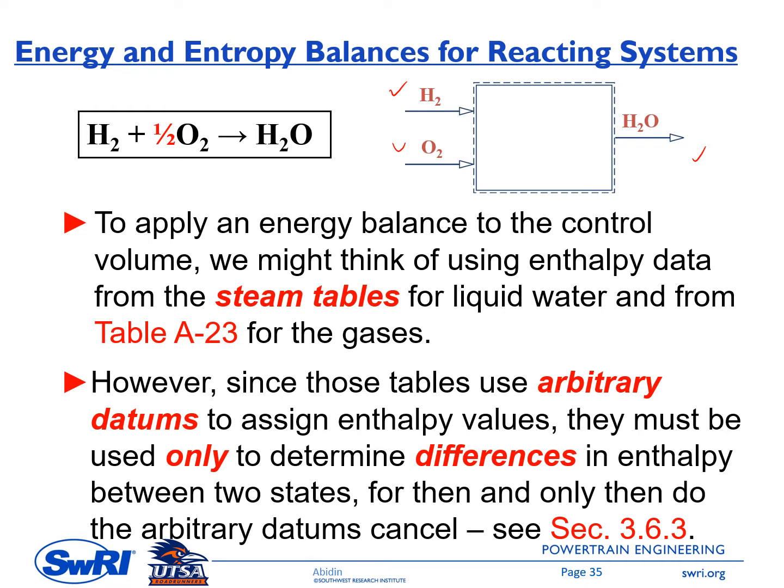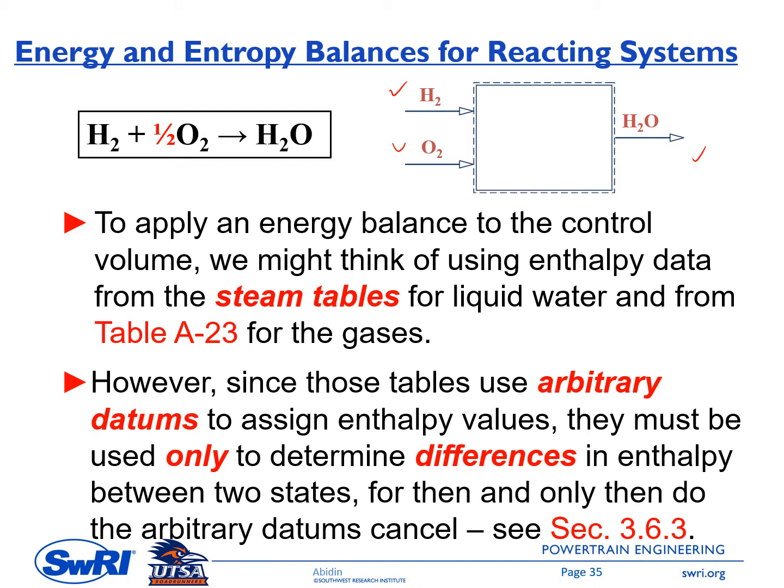And we have learned about this from chapters 3, 4, and so on. So to determine the difference in enthalpy between two states, for then and only then do the arbitrary datums cancel. In chapters 3, 4, and so on until chapter 12, we don't have a reaction inside the system.